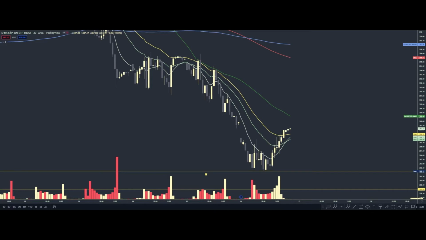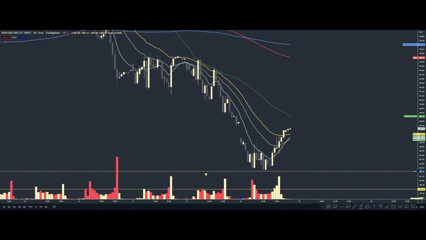Now, how are these zones formed? Essentially, these zones are formed through what we call an imbalance between buyers and sellers, and this imbalance is what creates these zones. In a future part of this series, I will cover the different types of zones.